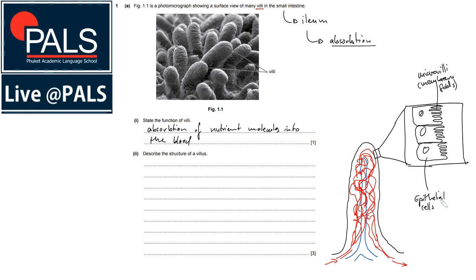Epithelial cells, one more time, are generally cells that form skins inside of our body. Since they're on the surface, they're basically the skin of these villi.